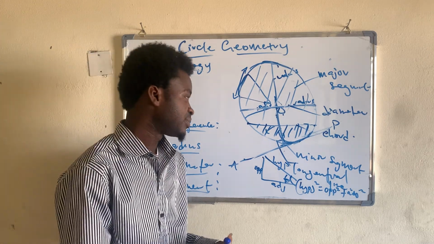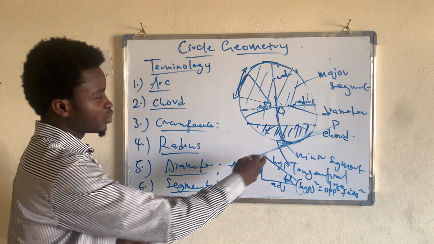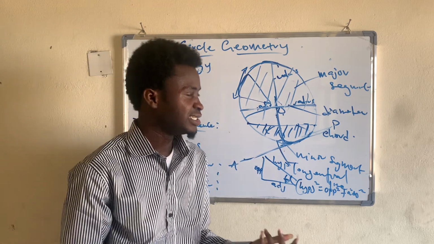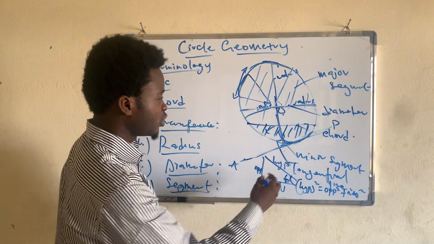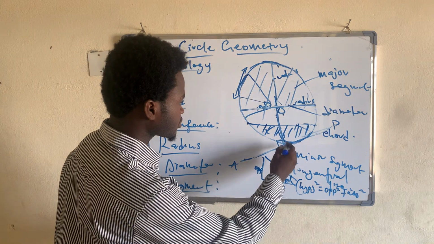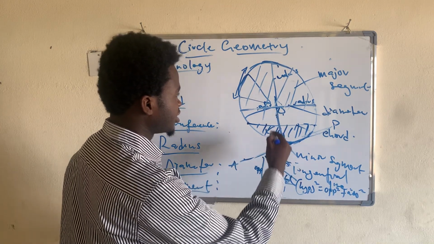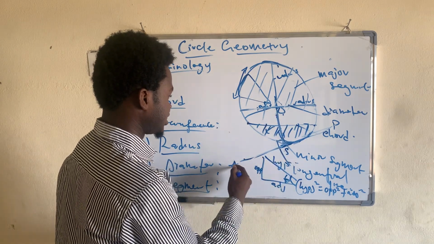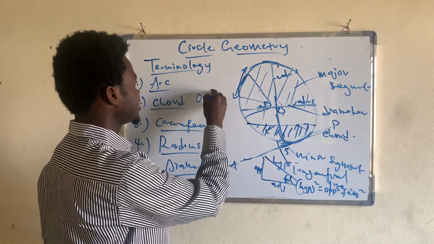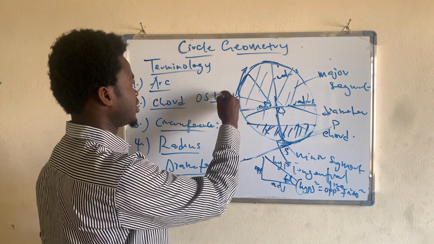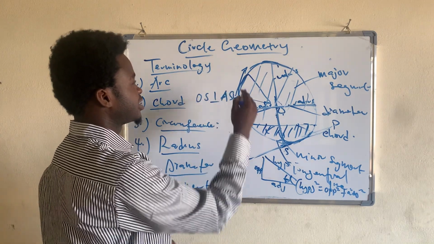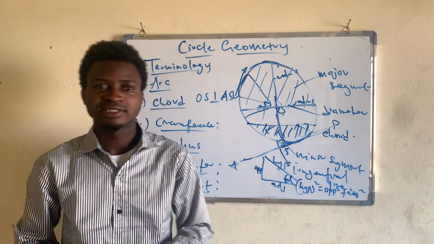So that is what that point is saying. For example, if I say this is a tangent line, let this point be S, OS, and this is A. What it's saying is OS is perpendicular to AS. At that point, that's what that point is saying.